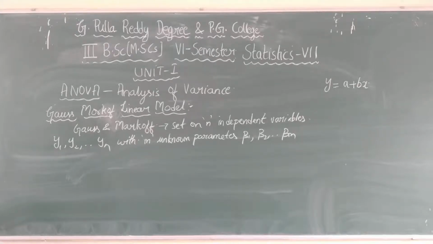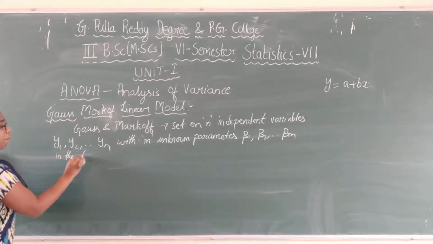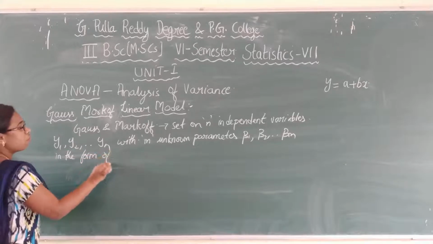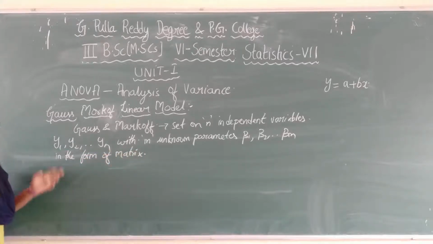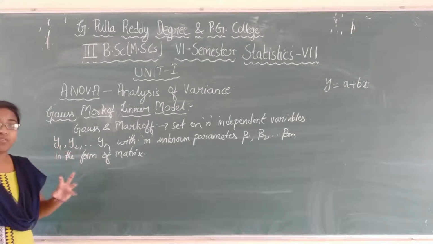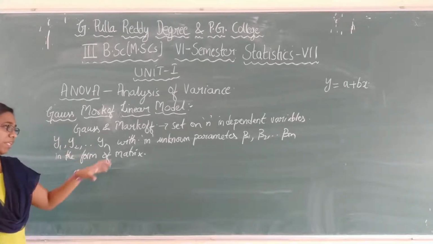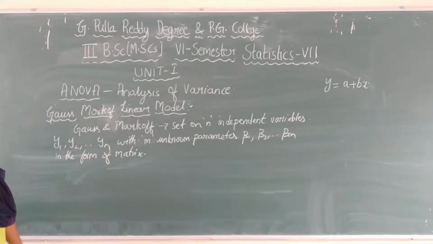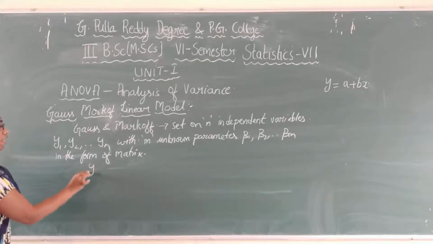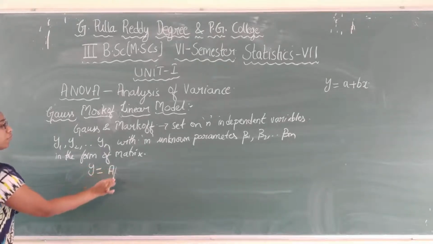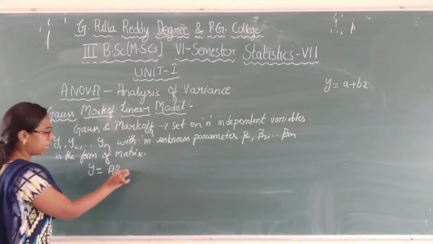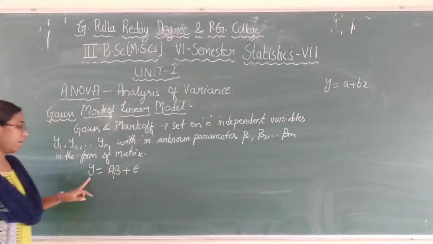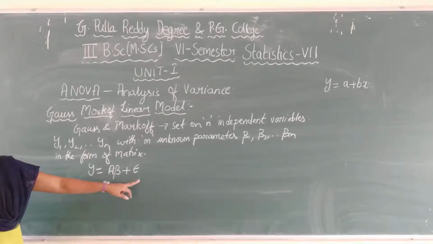So this is described in matrix form. We are going to write the linear model in matrix form. So how will we write it? y equals A beta plus epsilon.